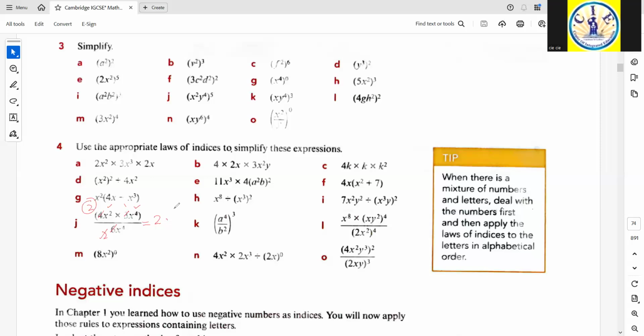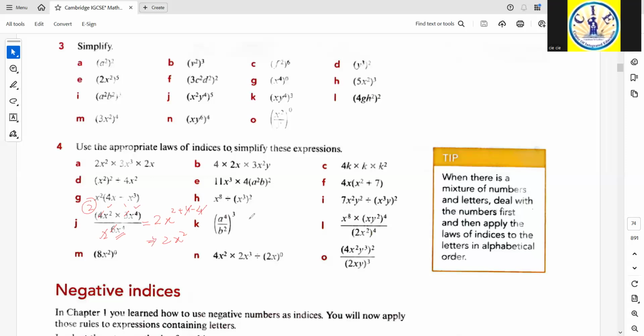So it is going to be x raised to the power 2 plus 4, and x raised to the power 4 is there in the denominator, which means when it will be shifted in the numerator, its power will be subtracted from this, generating only 2x squared. So this is the simplest way to simplify it.